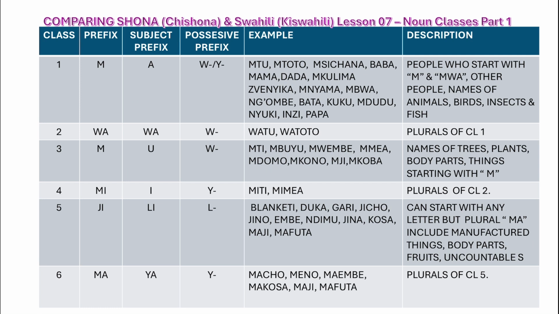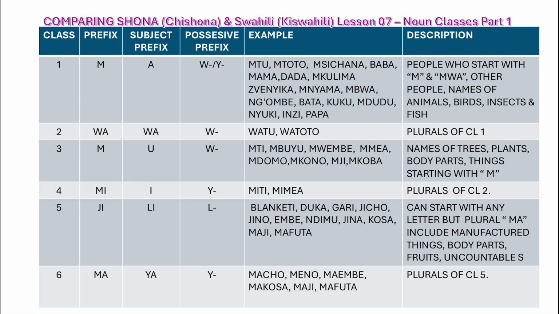Examples: mti is a tree, mbuyu is a baobab tree, mwembe is a mango tree, mmea is a plant, mdomo is a mouth, mkono is a hand, mji is a town, mkoba is a purse.